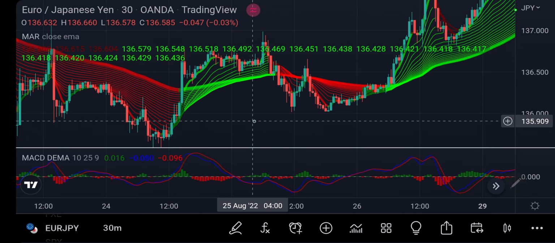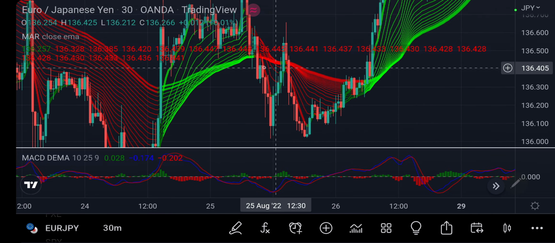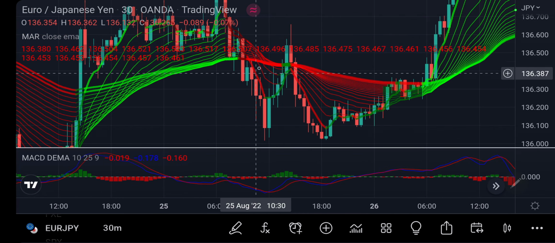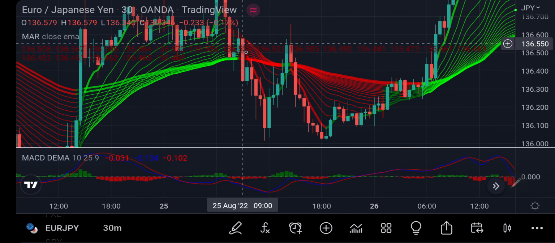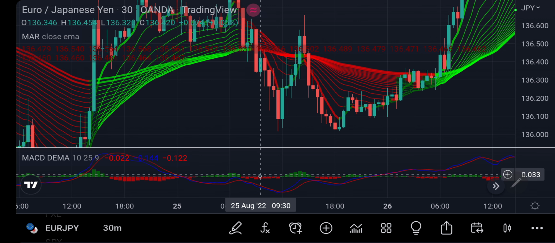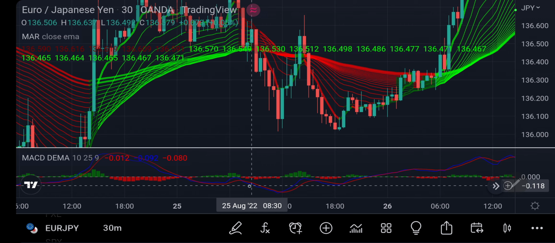So here you find the right momentum in the ribbons, okay. You can see here in this area you find some bearish momentum. You can see the red lines. So what you have to do is, whenever you find the ribbon color change to red, and then you see down in the MACD DEMA the red bars to the downside, the bearish bars, okay, and you see already that the moving average of the MACD has crossed down below the 0.